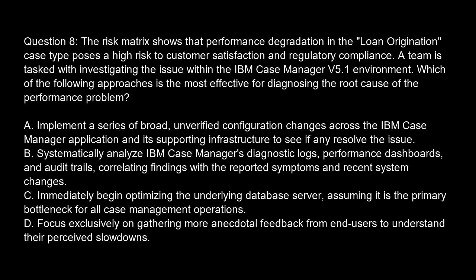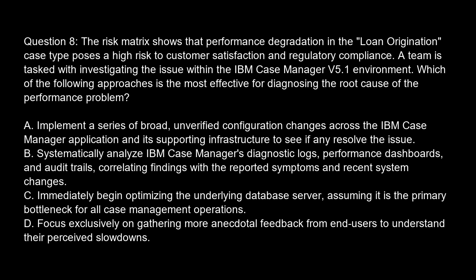Option A. Implement a series of broad, unverified configuration changes across the IBM Case Manager application and its supporting infrastructure to see if any resolve the issue. Option B. Systematically analyze IBM Case Manager's diagnostic logs, performance dashboards, and audit trails, correlating findings with the reported symptoms and recent system changes.